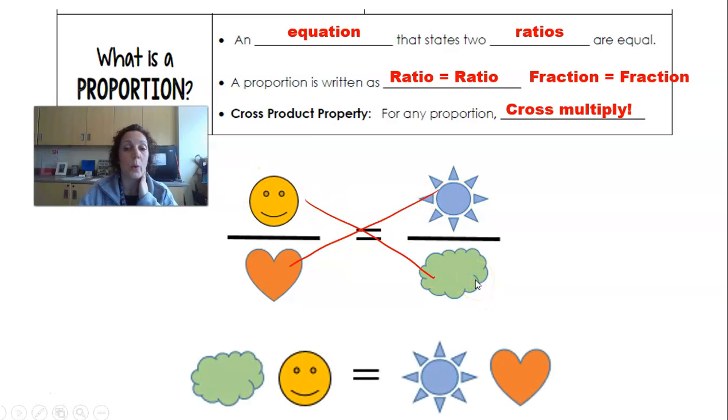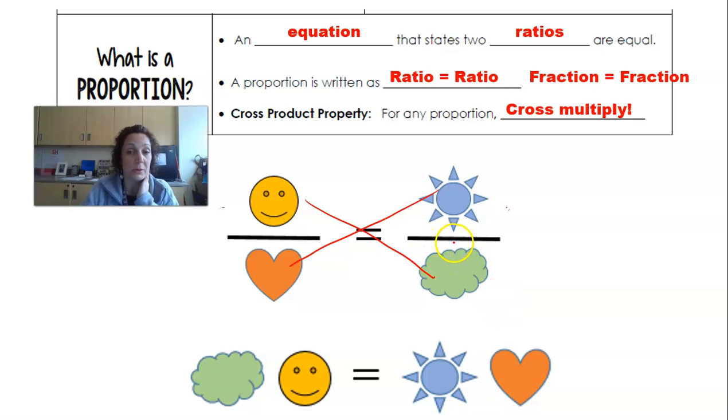So this is just a quick rewrite. What I want you to notice is, again, smiley face and sun stayed put. The cloud popped up on the other side by smiley face. The heart popped up on the other side by sun. This isn't magic. It's just a quick rewrite.